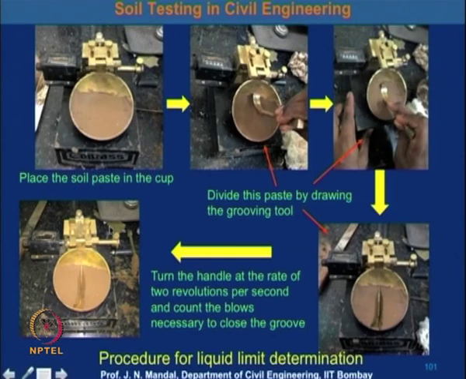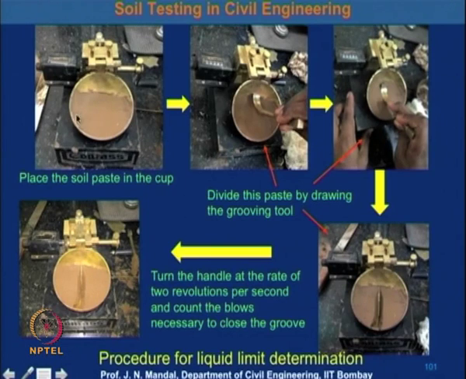Then you can turn the handle at the rate of 2 revolutions per second and count the blows necessary to close the groove when this comes in contact. Then you take the soil sample from this zone and place it into the can. Then you can determine the moisture content of the soil, okay.